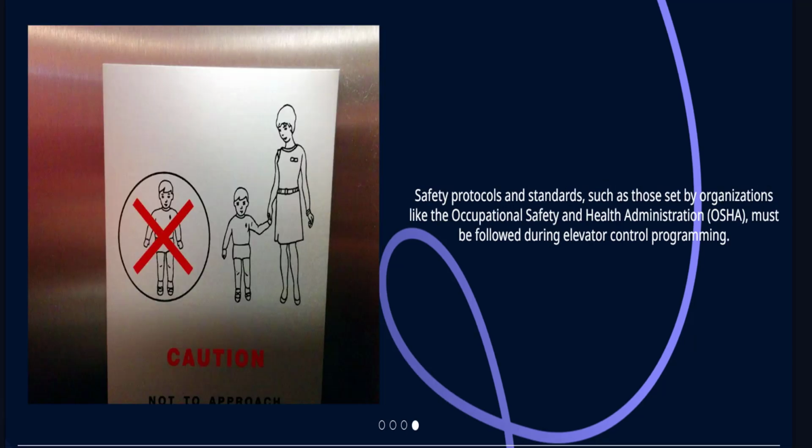Adhering to safety standards. Elevator control programming must follow strict regulations set by bodies such as the Occupational Safety and Health Administration, OSHA, and other industry standards. These rules ensure that every aspect of elevator operation prioritizes passenger safety.